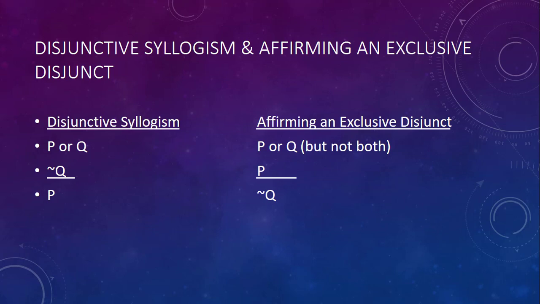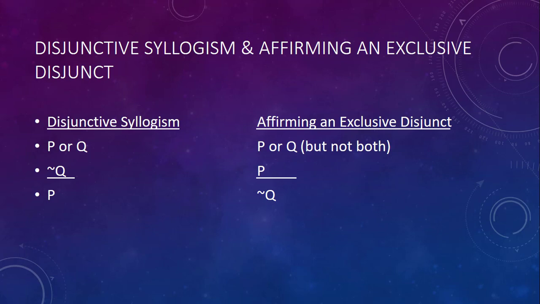Another move that can be made here using disjuncts is affirming an exclusive disjunct. When you see these kinds of logical structures, these arguments are valid arguments. Right? If the premises are true, the conclusion will be adequately supported. So here, affirming an exclusive disjunct, we're dealing with an exclusive disjunct in the first premise.